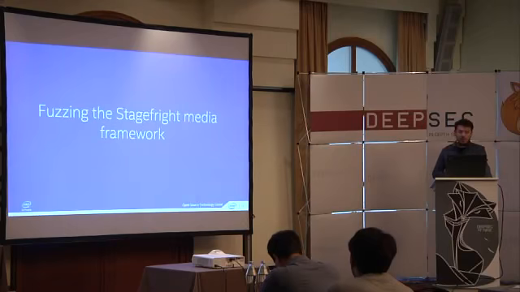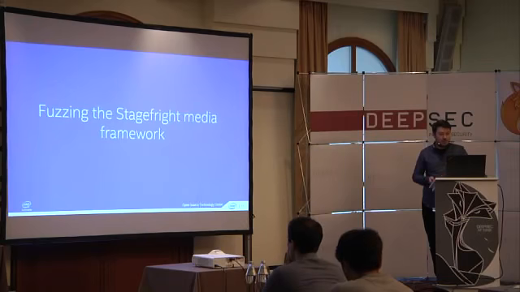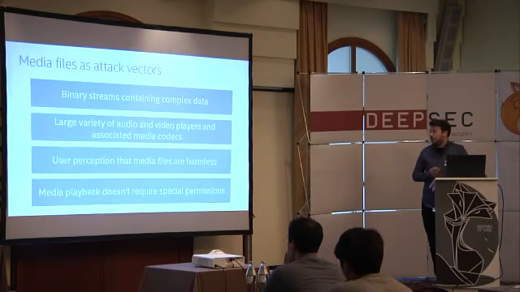Okay, so I'm going to move on and see how this applies to the first project example, which is fuzzing the media framework in Android, more specifically Stagefright, which has been a very popular topic in the Android security world. First, why are media files attractive vectors?